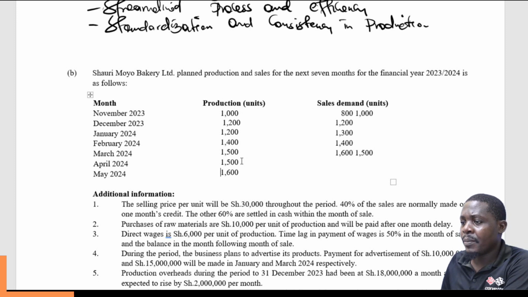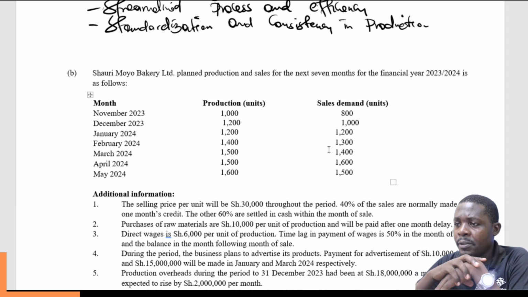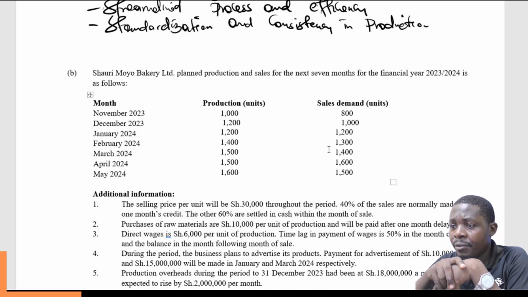We have the production for November given. December, January 2024, February 2024, March 2024, April and May. The sales and production units have been given there.